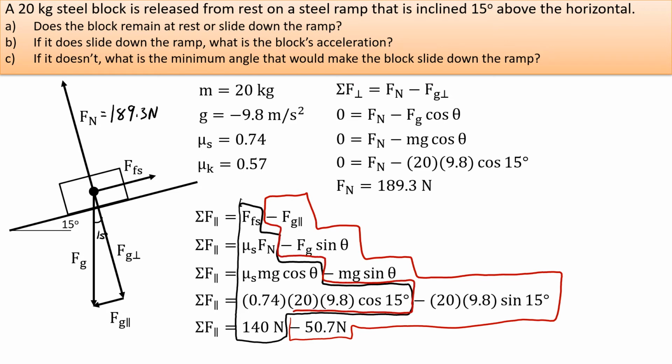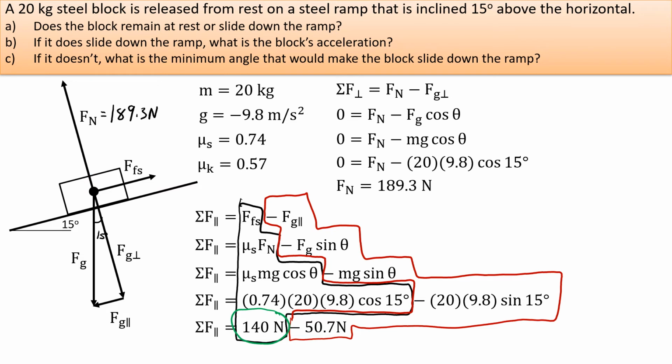The minus sign means they're working against each other. So which one is winning? This time, the maximum static friction is larger than the parallel component of the weight. You could kind of see in the diagram the way I drew this, the frictional force is shown to be greater than the parallel component of the weight.